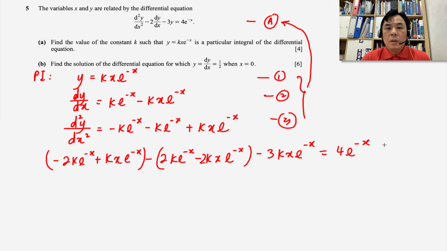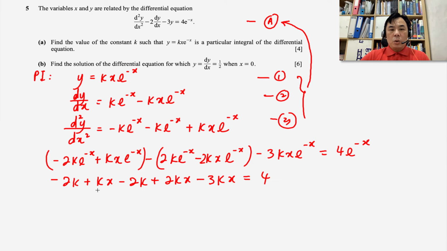All right. So from here, all we need to do is just simplify as much as possible. Okay, now let me just open up the bracket. Now, if you don't want to confuse yourself, you can remove all the exponential here. For me, I think that is much easier instead of looking at the exponential. We have 2k plus 2kx minus 3kx is equal to 4 here.